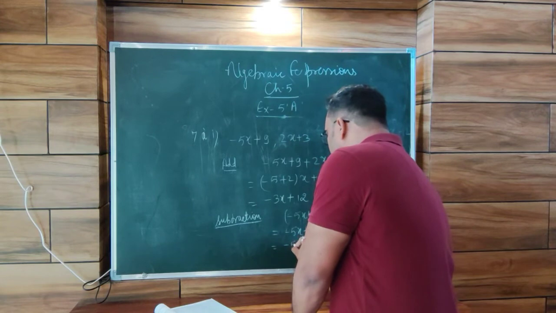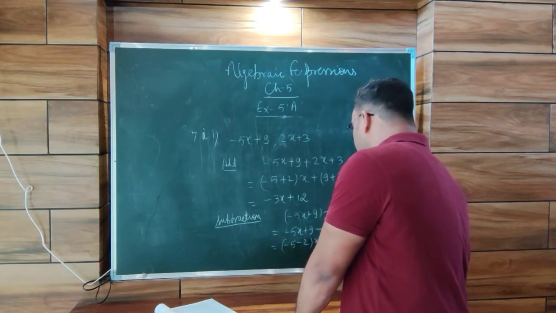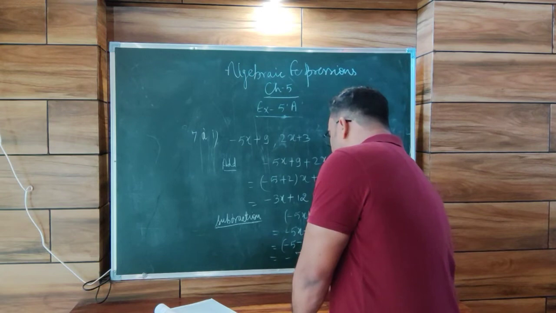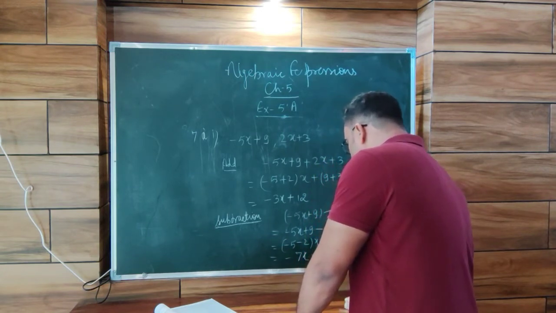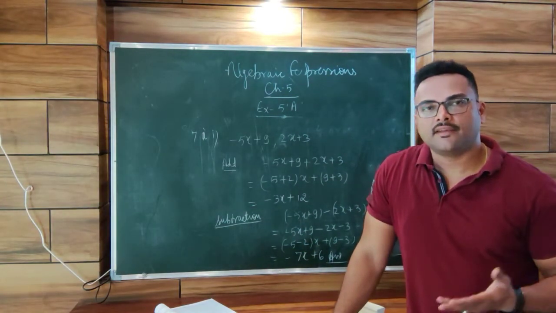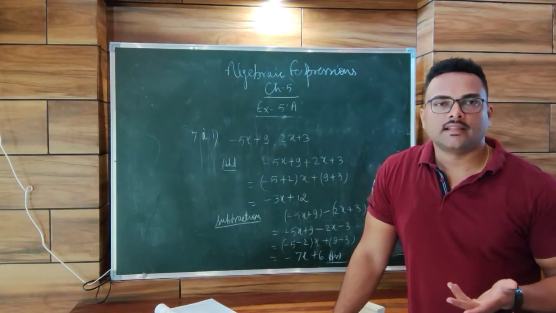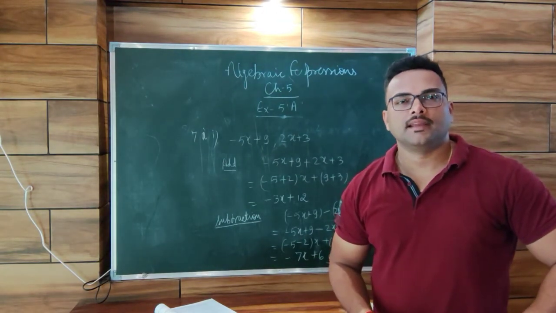So minus 5 minus 2x, plus 9 minus 3, is equal to minus 7x plus 6. This is the answer. Solve other questions also the same way, and I don't think that there will be any problem. If there is any problem, you can discuss with me in the live classes.